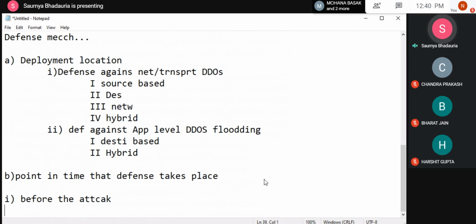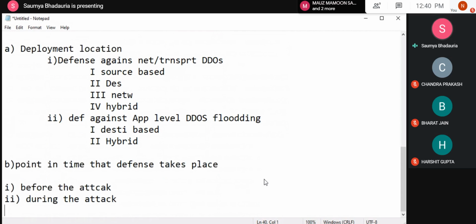Now, this defense can be developed anywhere in your system. Next, you can have it during the attack, and the third case could be after the attack. Clear?